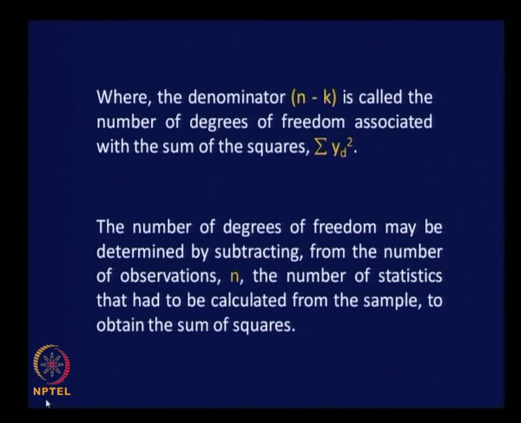The number of degrees of freedom may be determined by subtracting from the number of observations n the number of statistics that had to be calculated from the sample to obtain the sum of squares, right. Total observations minus the number of statistics required to get the value of sum of squares, in this particular case sigma yd squared.